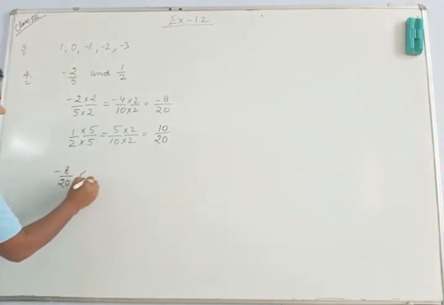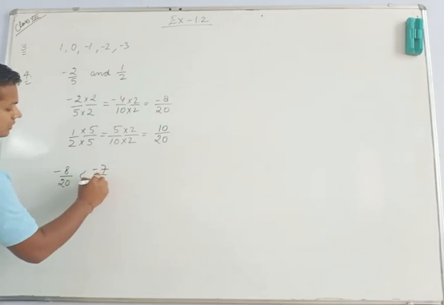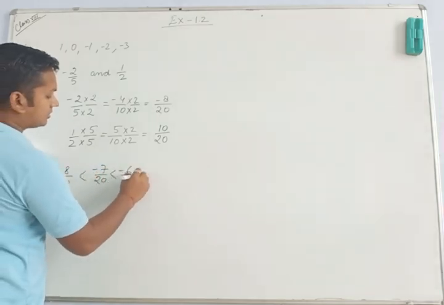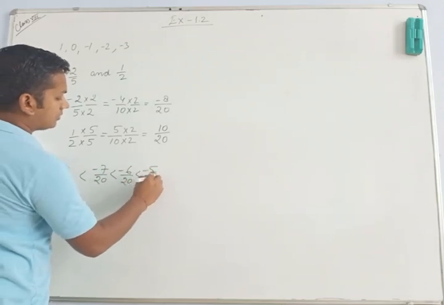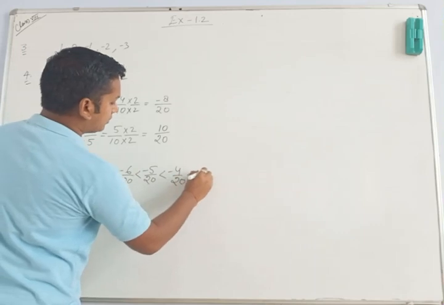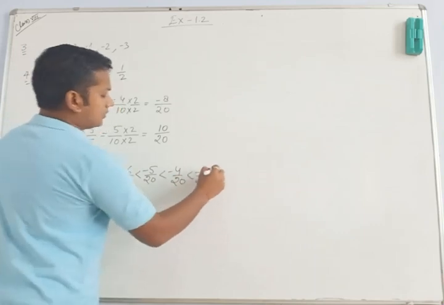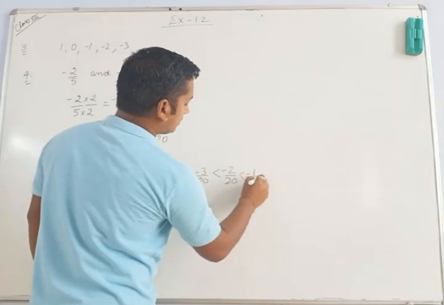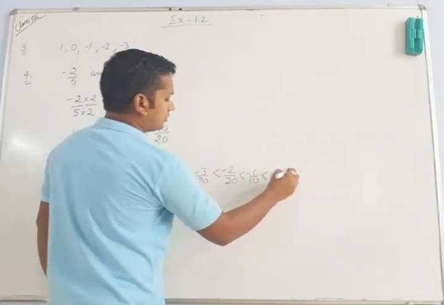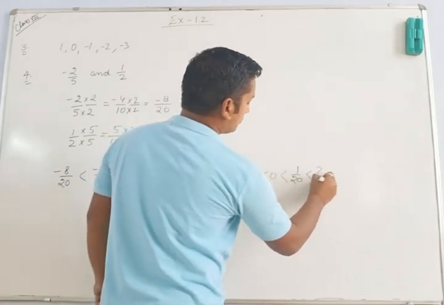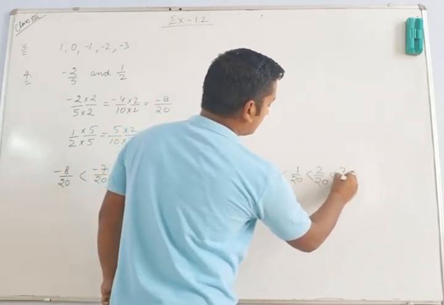So minus 8 upon 20, minus 7 upon 20, minus 6 upon 20, minus 5 upon 20, minus 4 upon 20, minus 3 upon 20, minus 2 upon 20, minus 1 upon 20, 0, 1 upon 20, 2 upon 20, 3 upon 20.